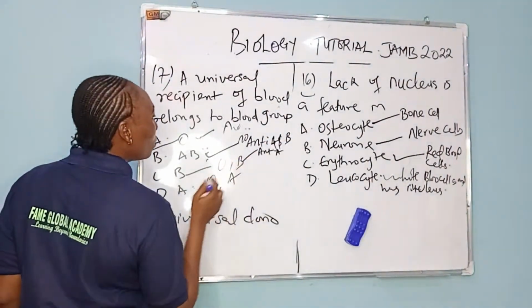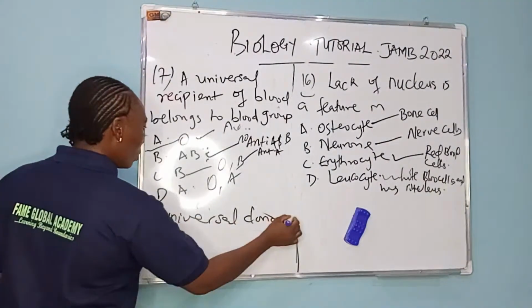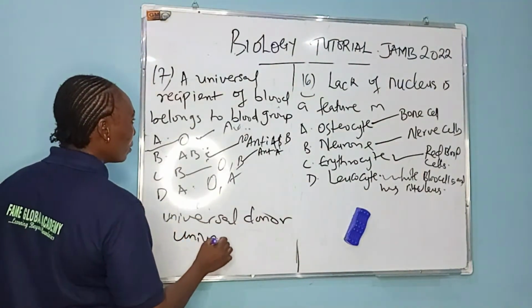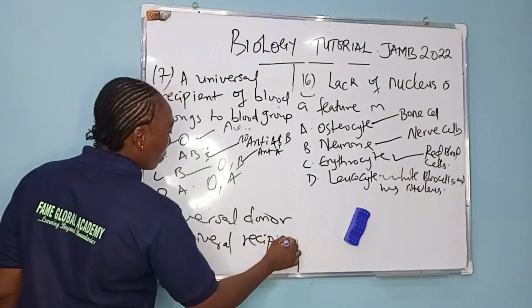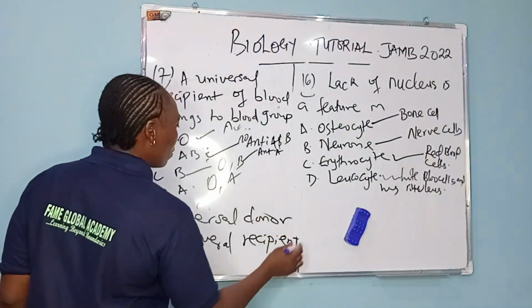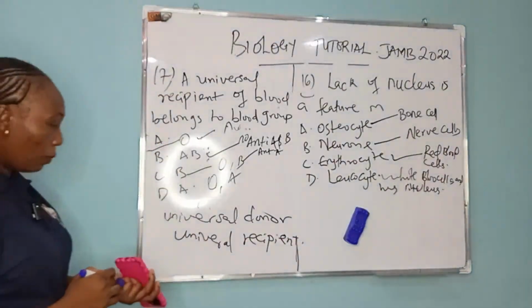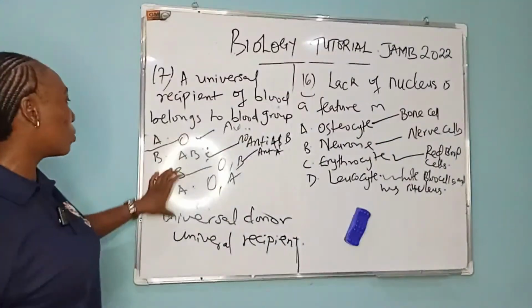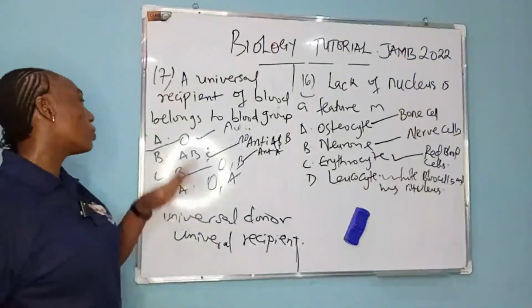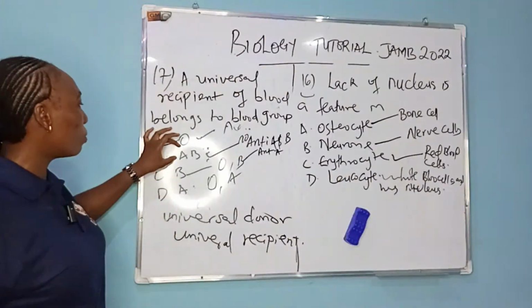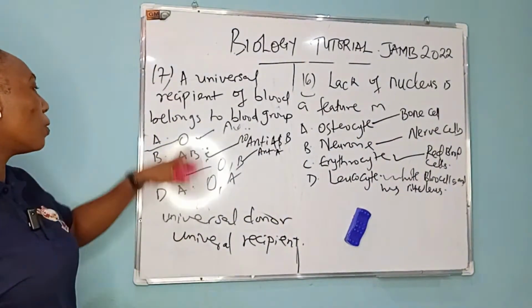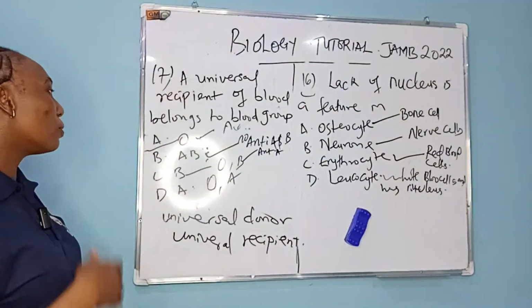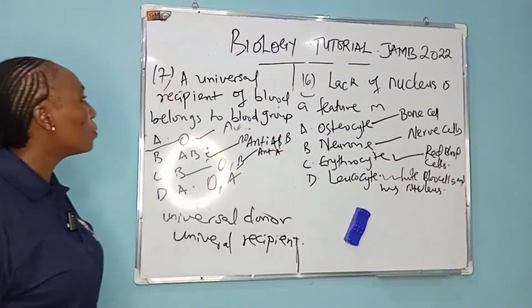But blood group AB is called universal recipient. So it's able to receive from all blood groups, but cannot give out. It can only give out to blood group AB itself. So it receives from every other blood group, but cannot donate to other blood groups.